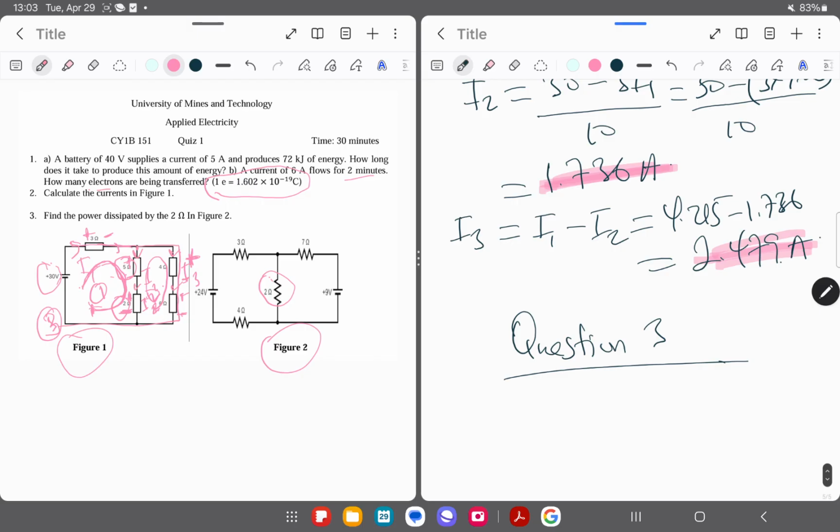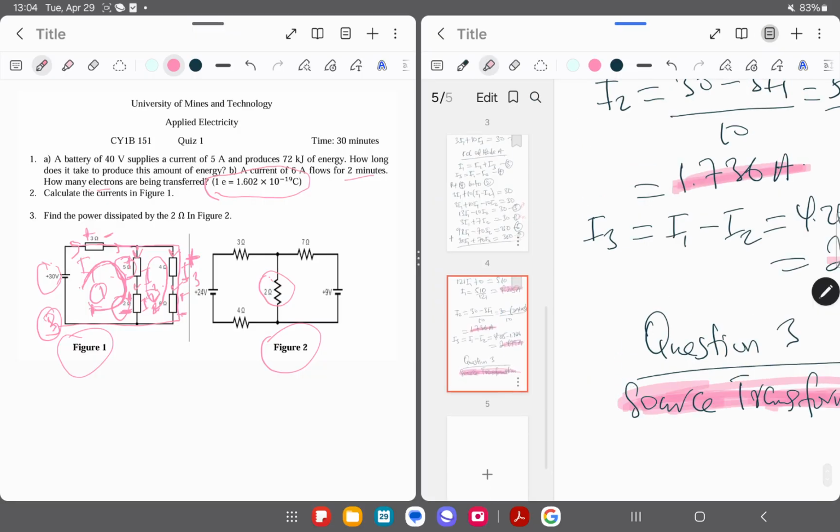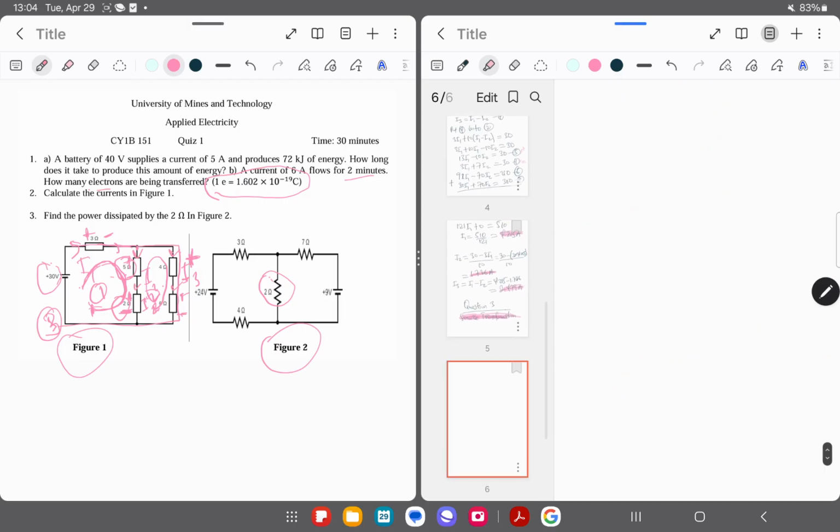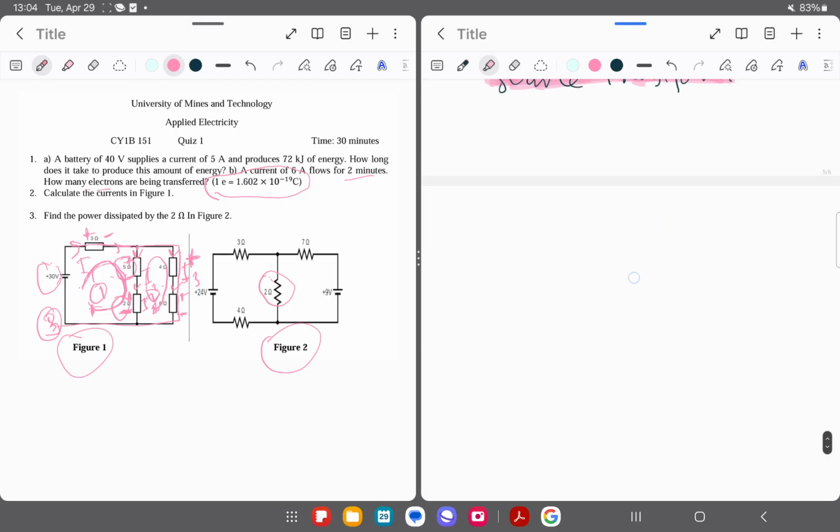Now question 3 here, I'll be using source transformation to solve for this.